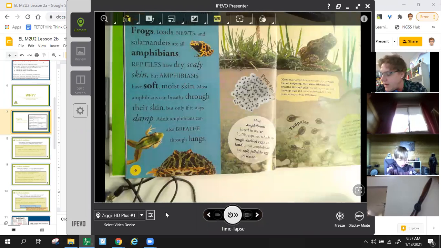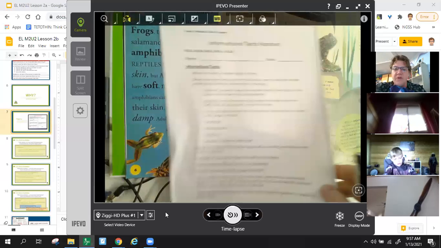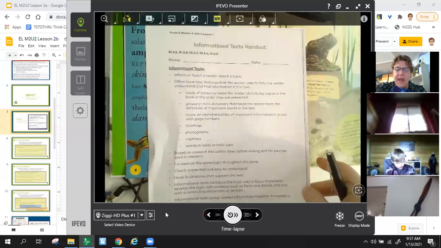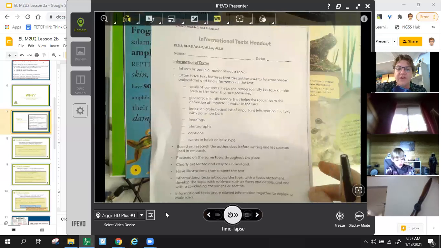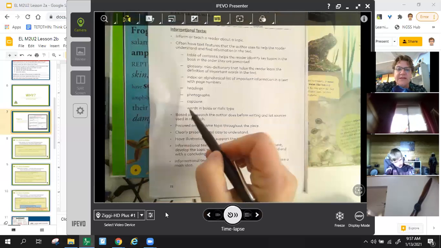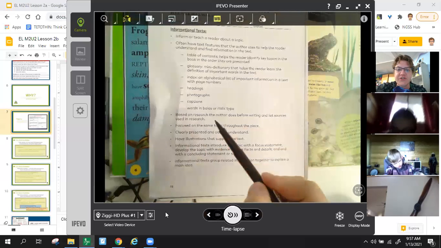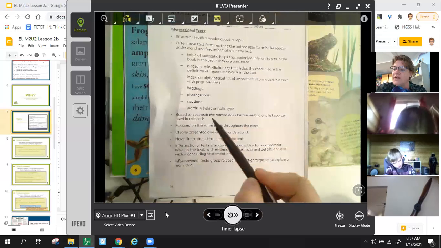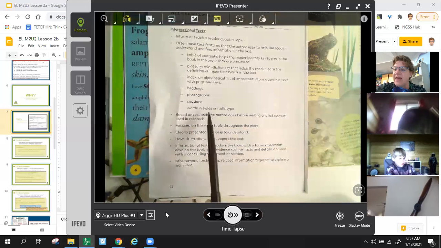All right, so one of the things that we also learned yesterday and the day before are the things that informational texts have. And you have this on page 72. You don't have to turn to page 72, but right here we have that one of the different types of text features that you can have are words in bold or italic type.